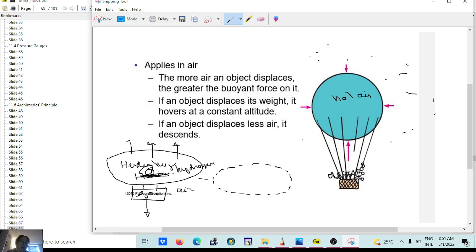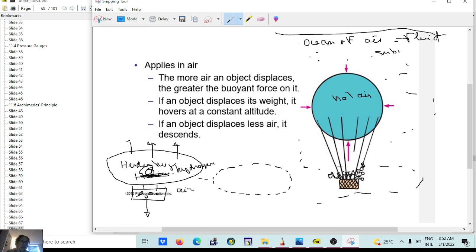It's like you have something submerged in the ocean, except it's an ocean of air. So air is still a fluid, right? And in that case, you are totally submerged. So it's not floating. Okay, we are back to the situation where it's totally submerged.